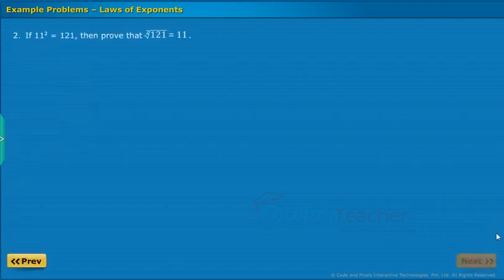If 11 squared equals 121, then prove that the square root of 121 equals 11. Solution. Given that 11 squared equals 121, by further solving, we get as shown on screen.